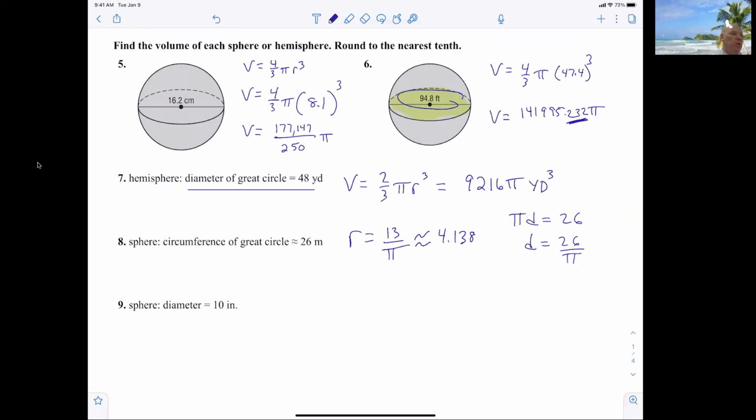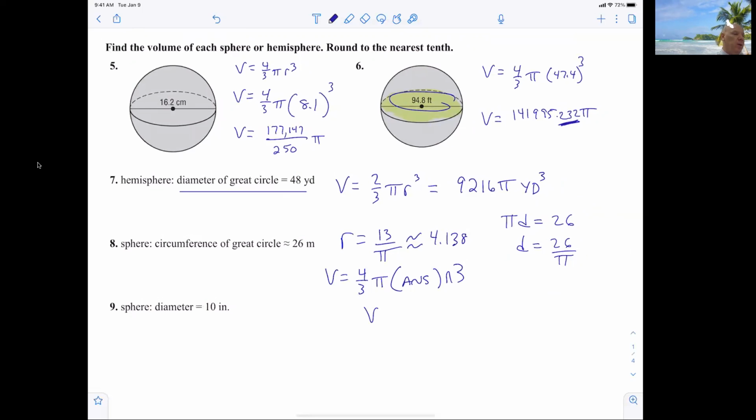So now we're doing the volume, which is 4/3 pi times our answer cubed. And then you're going to round that to 3 decimal places. So we'd say our volume is approximately what? 94.47.